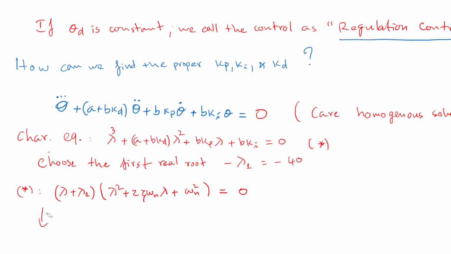Okay, expand it, lambda to the 3 plus lambda square, so it should be 2 zeta omega n plus lambda 1 lambda square here, and then lambda times omega n square plus 2 zeta omega n lambda 1 lambda here, and then plus lambda 1 omega n square.